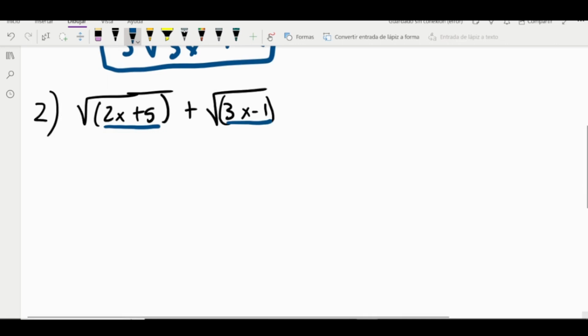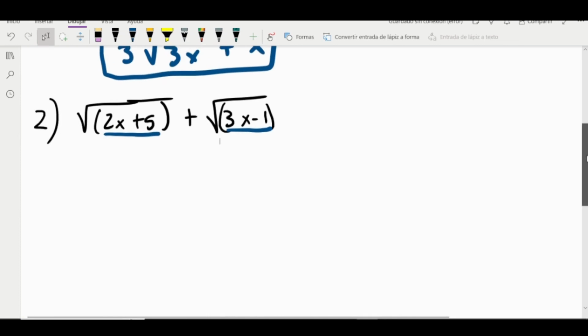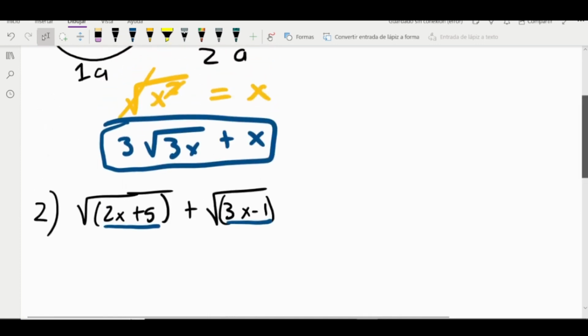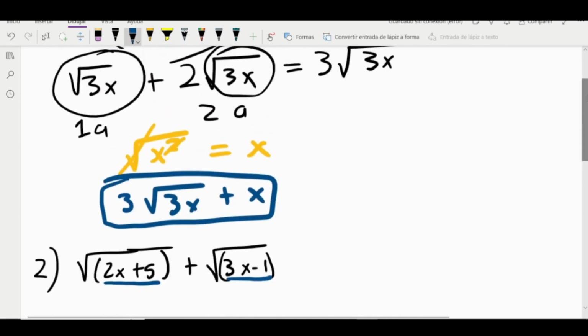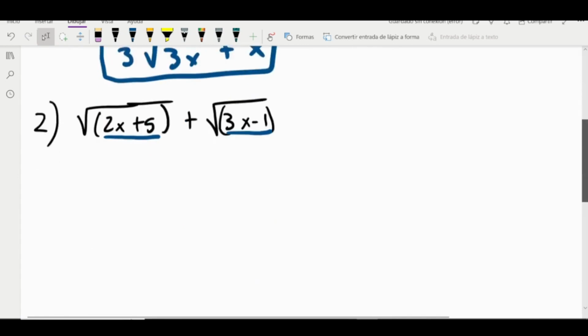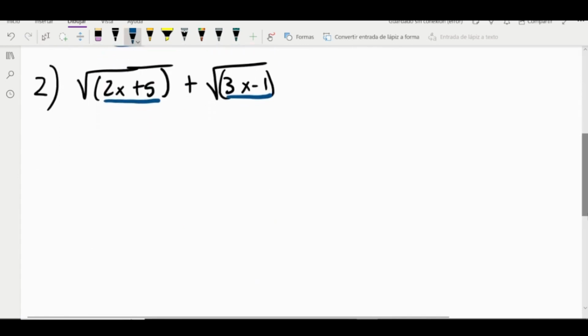Remember, in the first example we could add the square root of 3x plus 2 times the square root of 3x and we got 3 square root of 3x, because inside the root we had the same expression. Here the expression is not the same, so it's not possible to simplify.